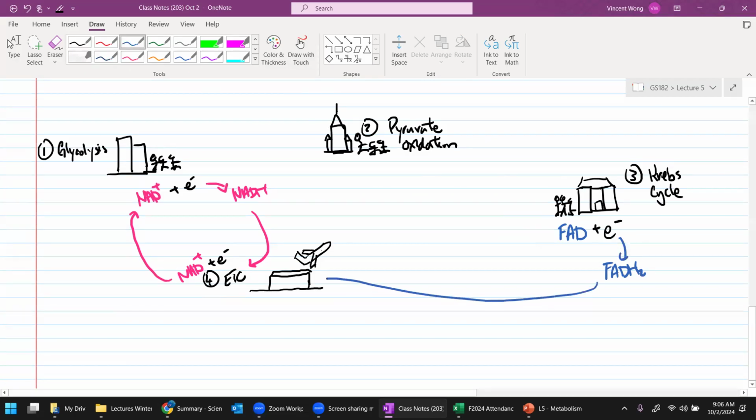And so this one's going to go over here. The passenger is going to drop off the electron, and then it's going to go back for more. Okay, so there is this continuous shuttling between the first 3 stages and the last stage. All right.